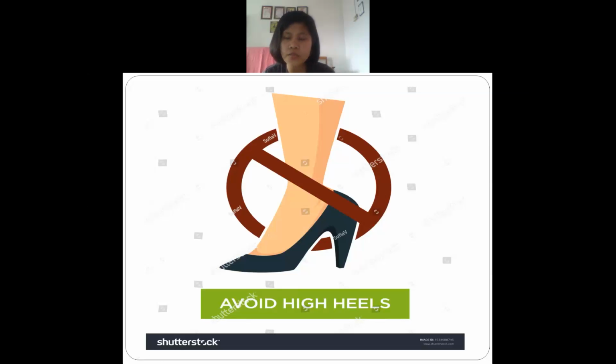Since they put pressure in that area, the veins will get affected, as well as the blood circulation, it will hamper. So that's why a person should minimize wearing heels.